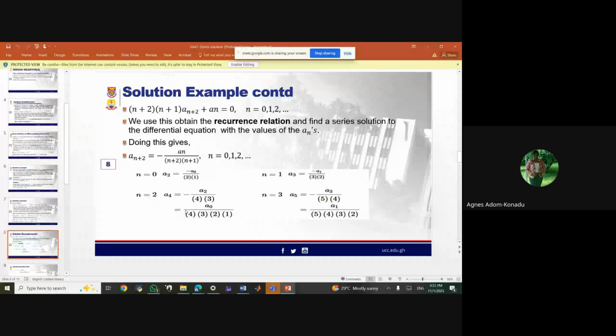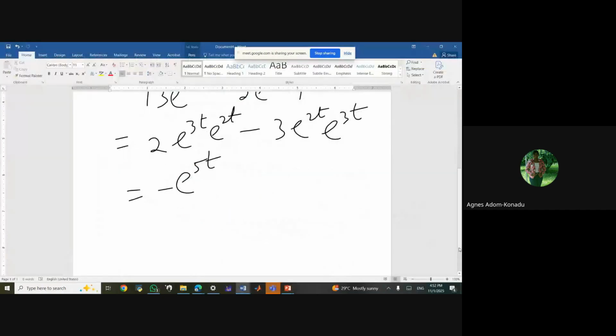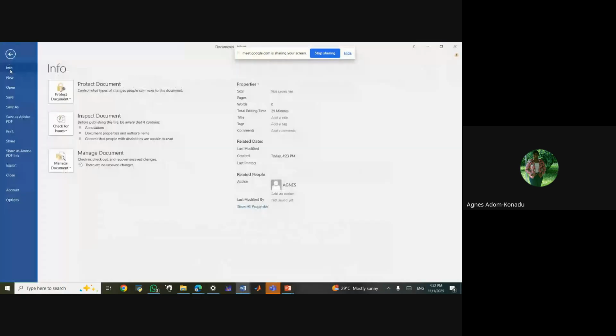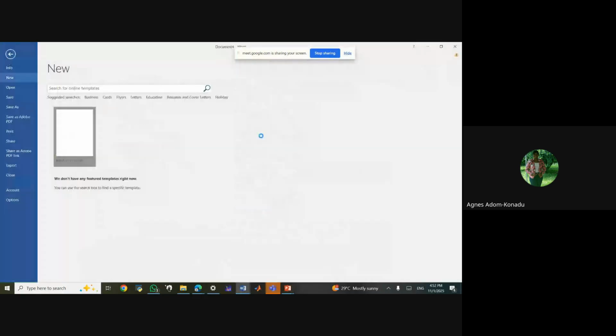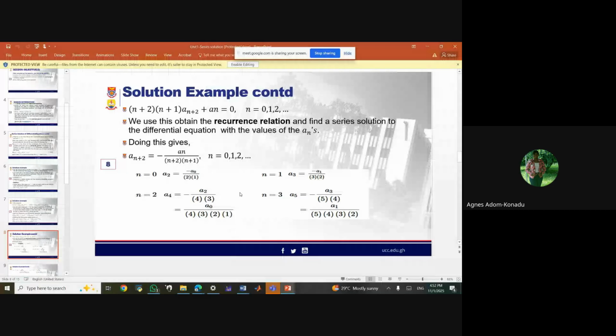Please, we are just substituting values. So we have this expression and we are just taking different values of n.